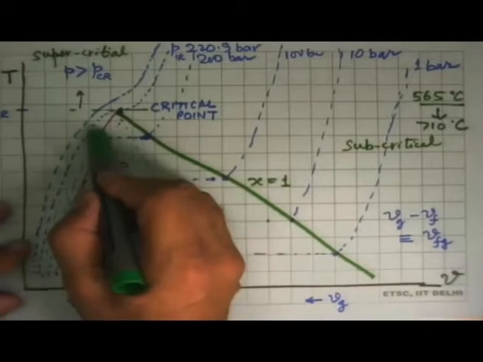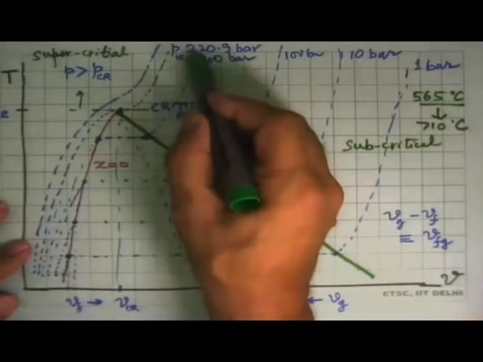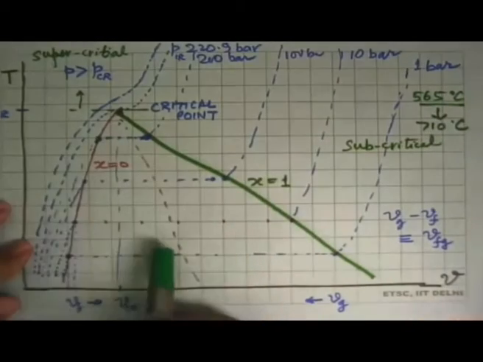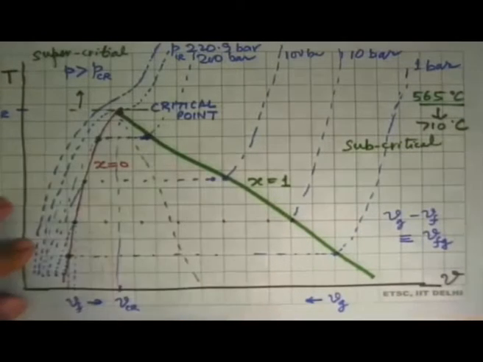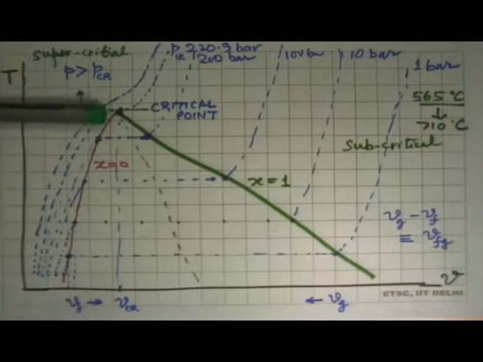This is a saturated liquid. Left of this is a compressed liquid. This side is superheated vapor. In between, we define the dryness fraction. And the top, this is the critical point.